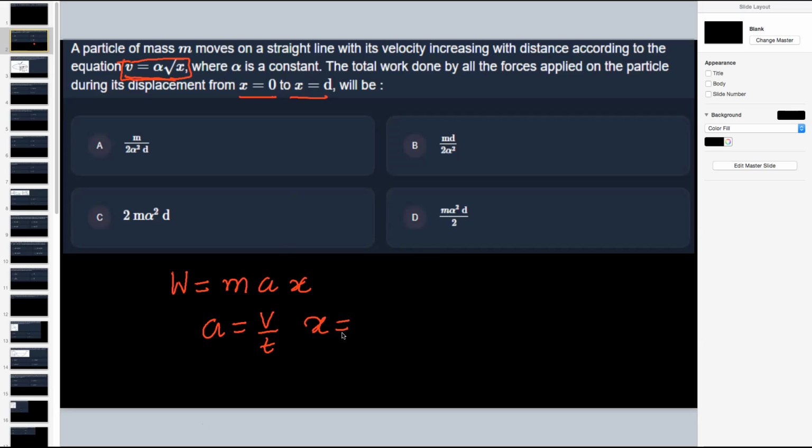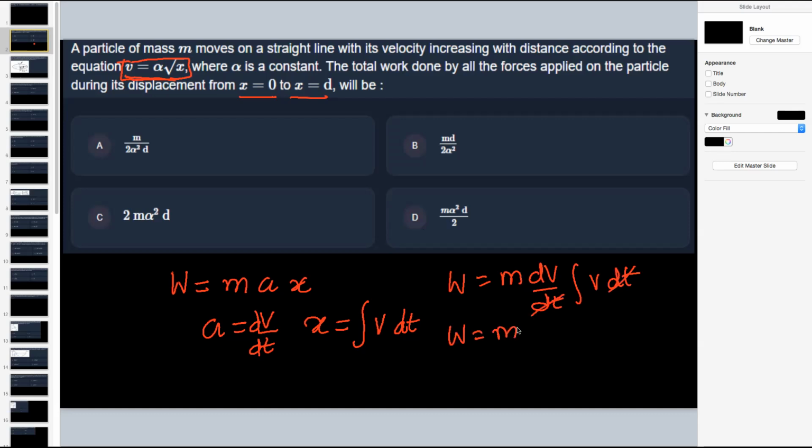Yes, x equal to integration of v into dt. Actually, acceleration is dv by dt. Then what is the work done we get? M into dv by dt, integration of v dt. These two will get cancelled. So work done equal to m integration of v dt.